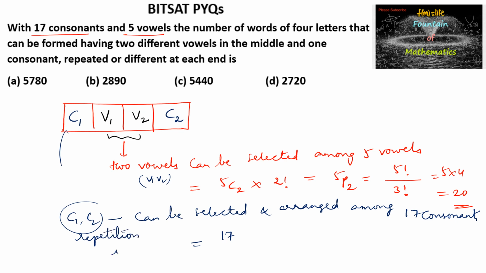Since repetition is allowed, the first consonant can be any of the 17 and the second consonant also can be any of the 17. So 17 into 17, that is 17 square, which is 289.